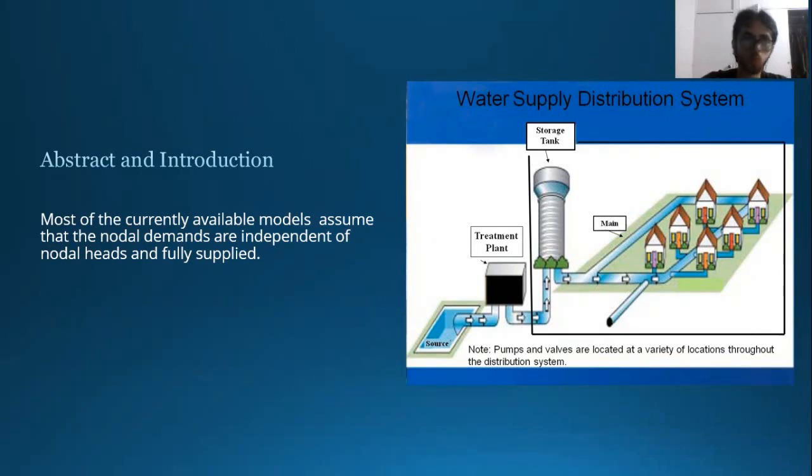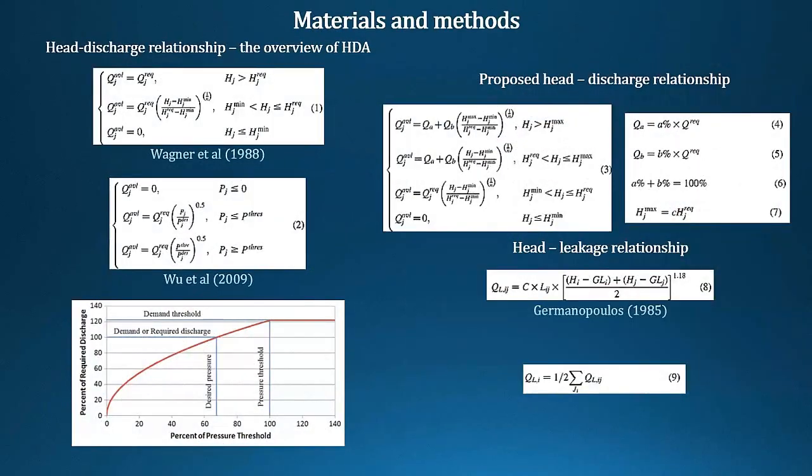We are probably going to get some nodes that will not be able to supply any discharge, and that is going to be a problem for the whole system and for the people using it. So in order to simulate the actual performance, it's necessary to consider the relationship between the nodal head and the discharge that is proposed in the system. Now we have materials and methods.